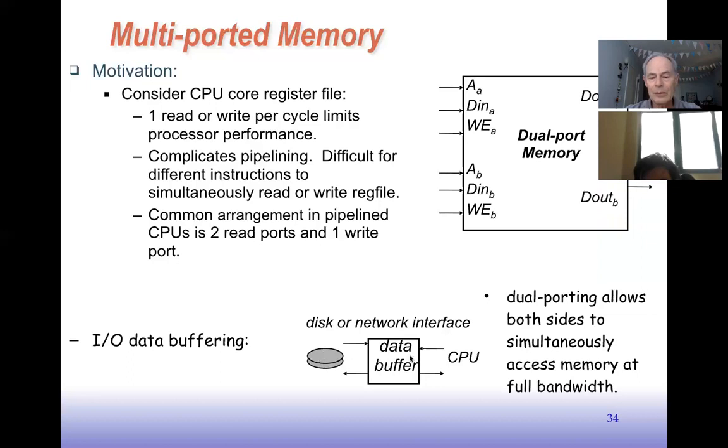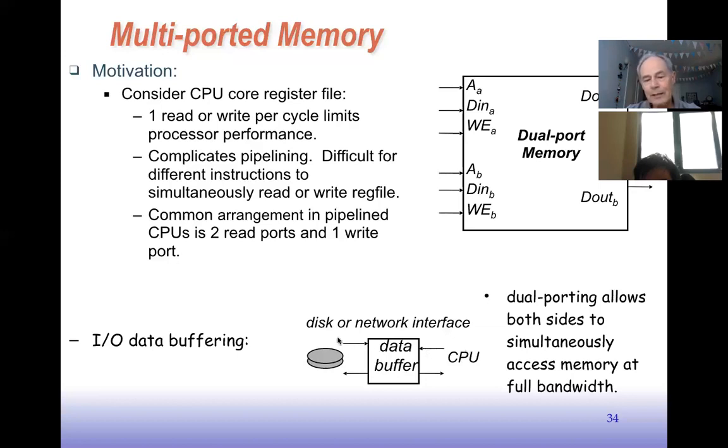The disk might be streaming data off it for use later in the program, right? But the CPU might be also accessing data from that buffer at the same time. So this kind of gives us a way to decouple the operations of these two, where the disk can be writing its data into the buffer at one speed, and then the CPU can be reading at its own speed.